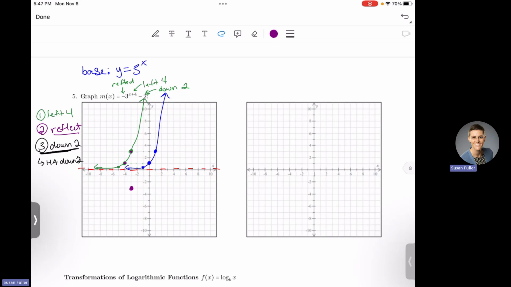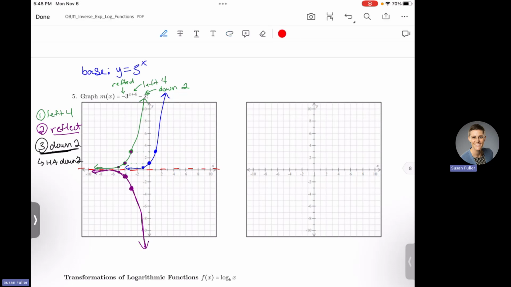This point here is 1 unit above, so it's going to reflect to 1 unit below. And then this little guy here is 1/3 units above, so it's going to reflect to 1/3 units below. Okay, we're going to look something like this after we reflect this thing up and down.